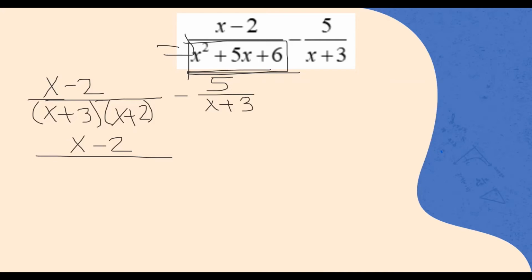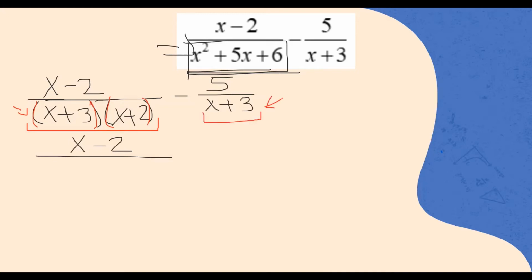Multiply. Right. So you see how for the first denominator, you have two binomials. You have two factors for the first one when you factor the denominator. However, for the second one, you only have one binomial.